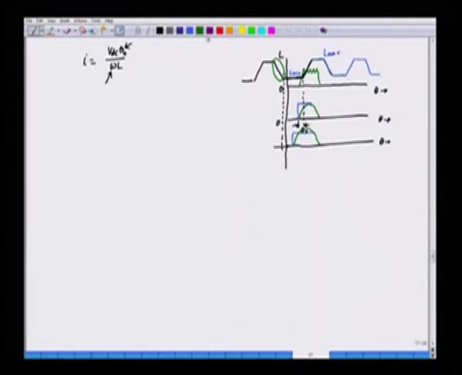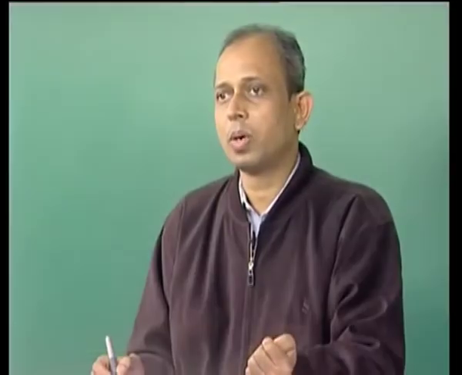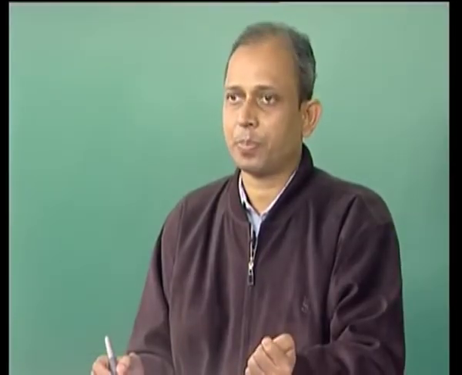So, we can say that the advance angle has a limit, and this advance angle is theta naught maximum. So, after theta naught becomes theta naught maximum, we cannot increase the advance angle. So, we have to go for T omega square constant.